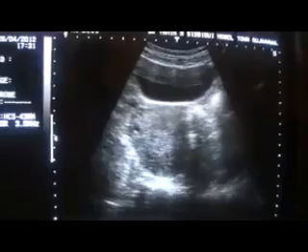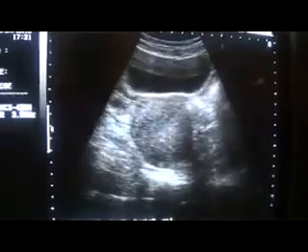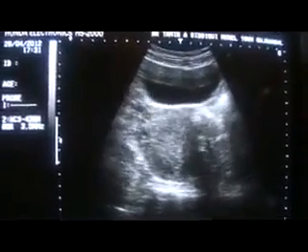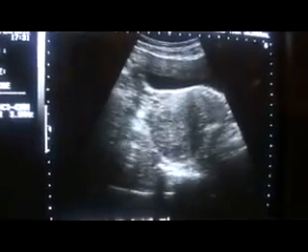Now here we are seeing the uterus and the urinary bladder in transverse section. This is the urinary bladder, sorry. This is the urinary bladder, and this is the uterus.